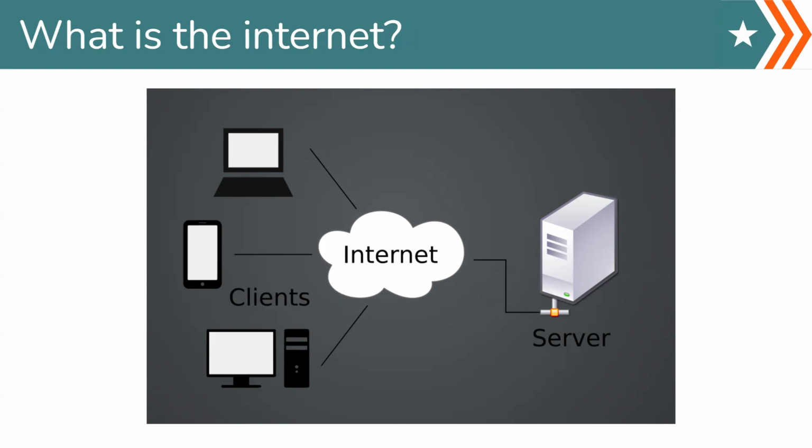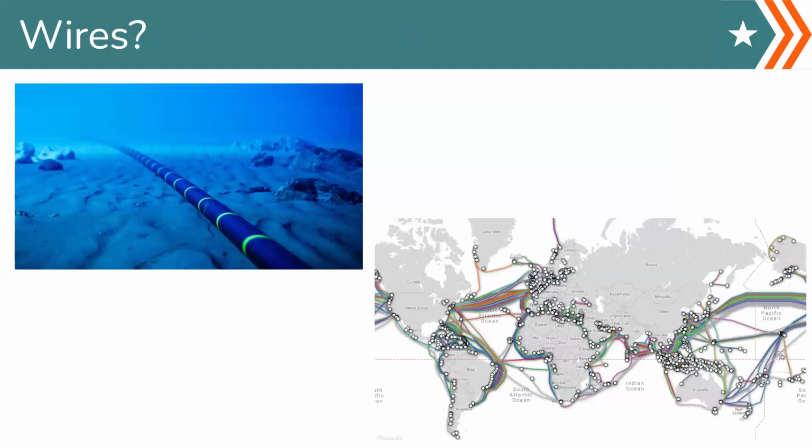Well, at its lowest level, it is a bunch of wires all over the world, right? It is a bunch of wires connecting servers to each other. The internet, we like to think is just flying in the air. It's a bunch of wires, right? And here's a nice little map of how it's working.